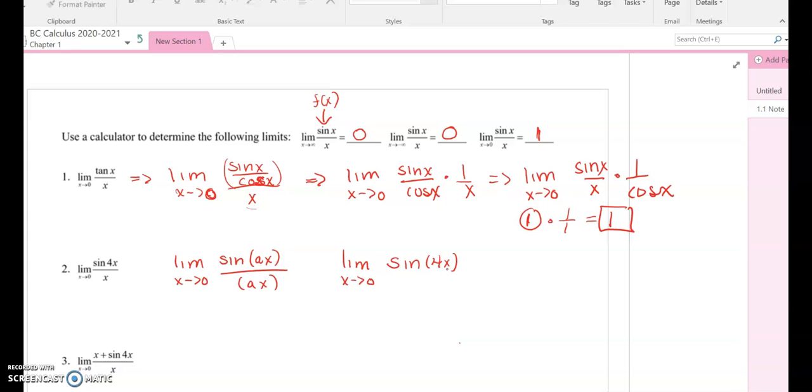If you want to think about it, horizontal transformations, it affects the domain, the angle. I cannot factor the 4 out. Please don't do it. So I have that. And so since this is an expression, I can only multiply it by 1.